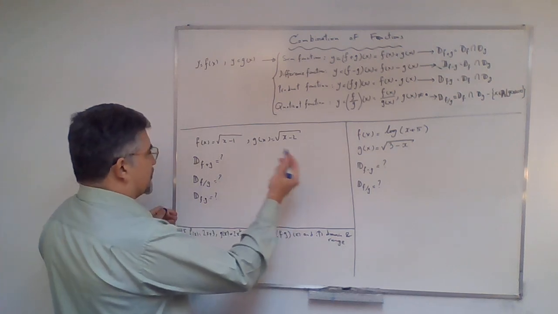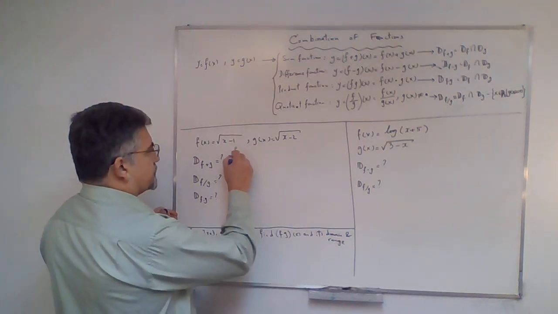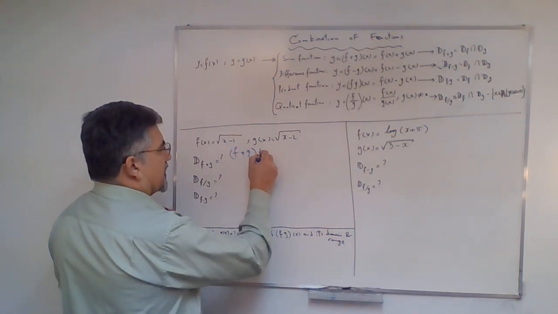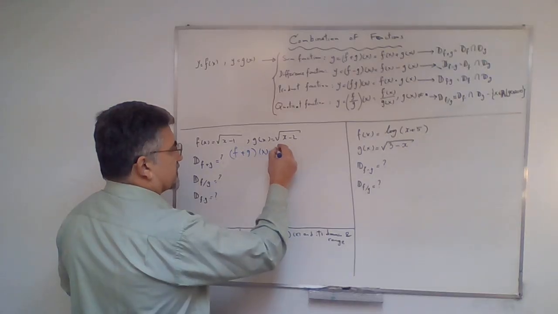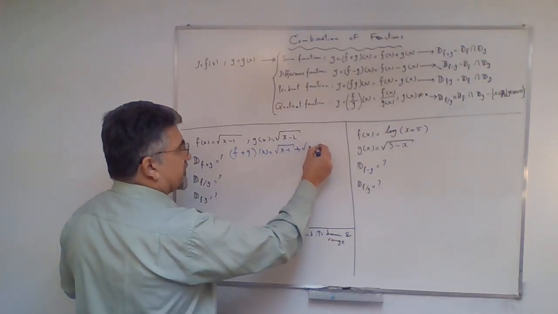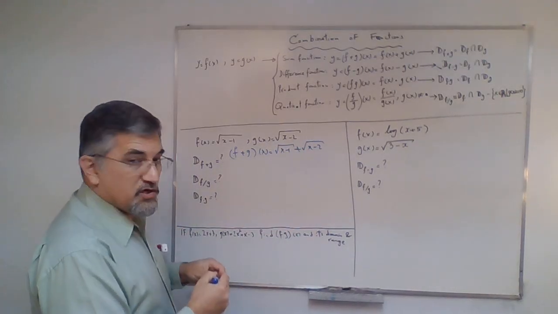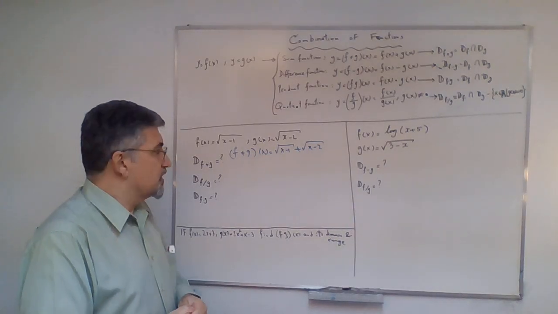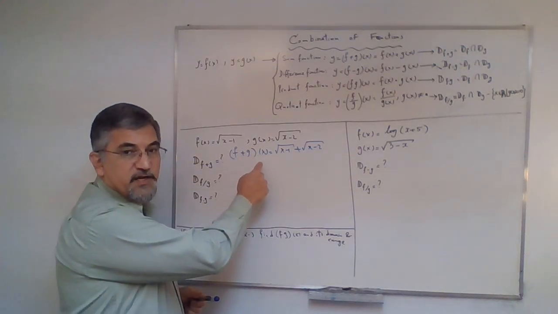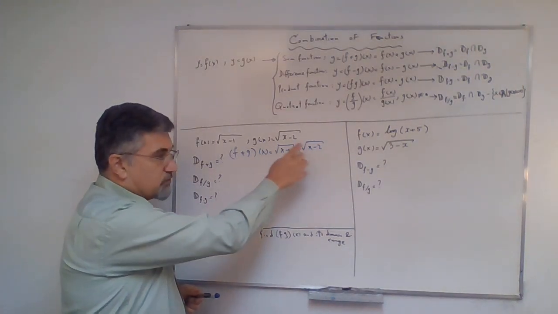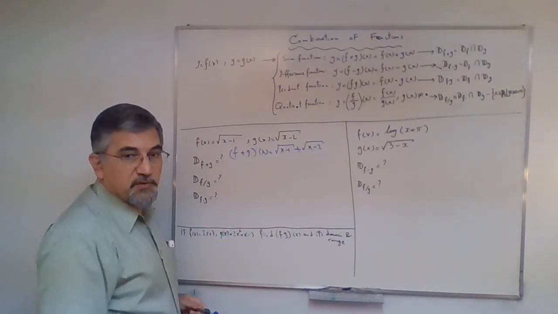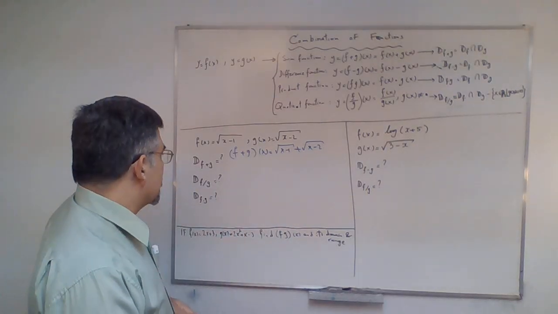Well, f plus g, the sum function, is going to be square root of x minus 1 plus square root of x minus 2. This will be the equation of the sum function. So (f plus g)(x) equals square root of x minus 1 plus square root of x minus 2, the sum of two radicals.